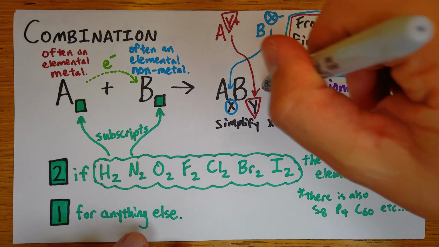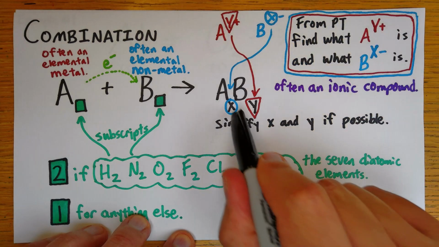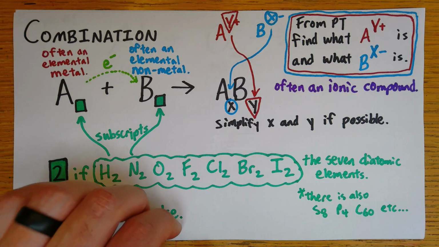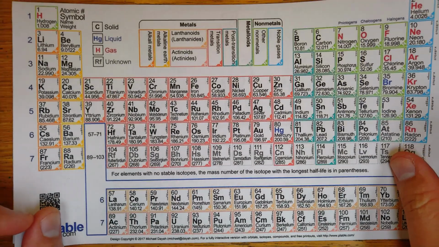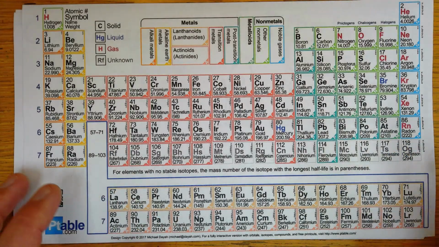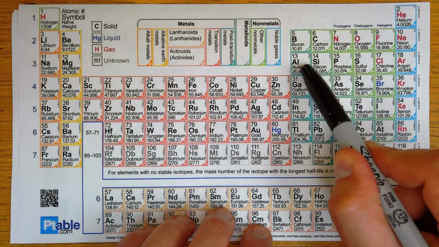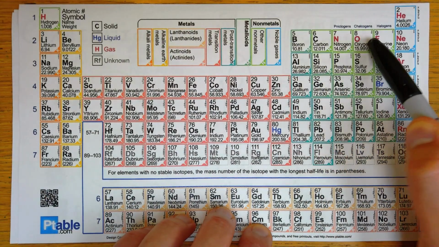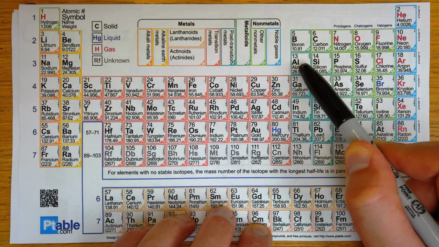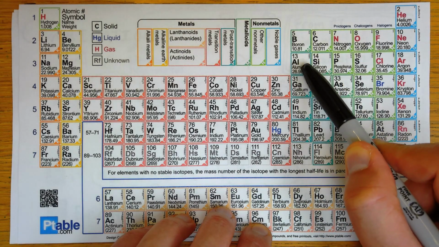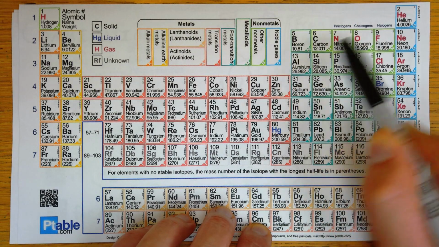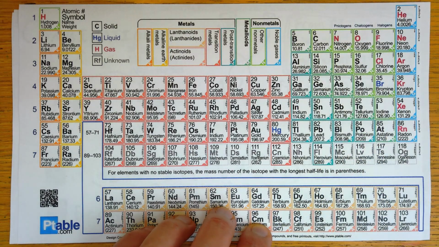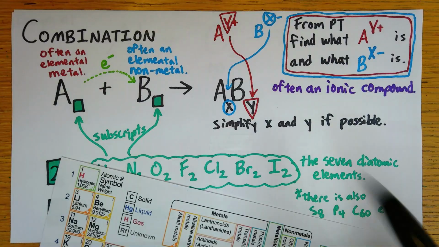And a great simple way to come up with that formula is to look at the periodic table. So you look at the periodic table and you look for the common charges. Like if we were combining aluminum with oxygen, we know that aluminum usually forms 3+ ions, oxygen usually forms 2- ions, and we would try to find the correct ratio between the two elements to make a neutral compound.